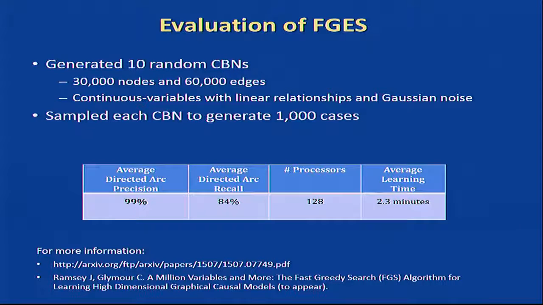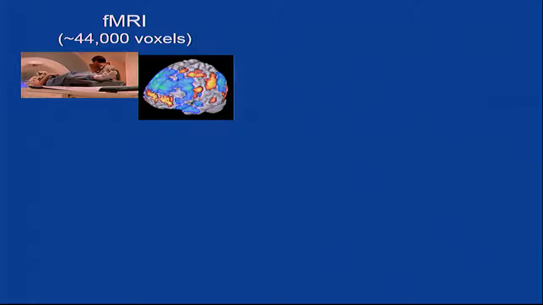We could do it in about 2.5 minutes on a supercomputer using 128 processors. And the average precision was 99% and the recall was 84%, which means the algorithm was slightly conservative. So when it actually output an edge or an equivalence class that had a connection, 99% of the time it was there, but it didn't get all the ones that it could have.